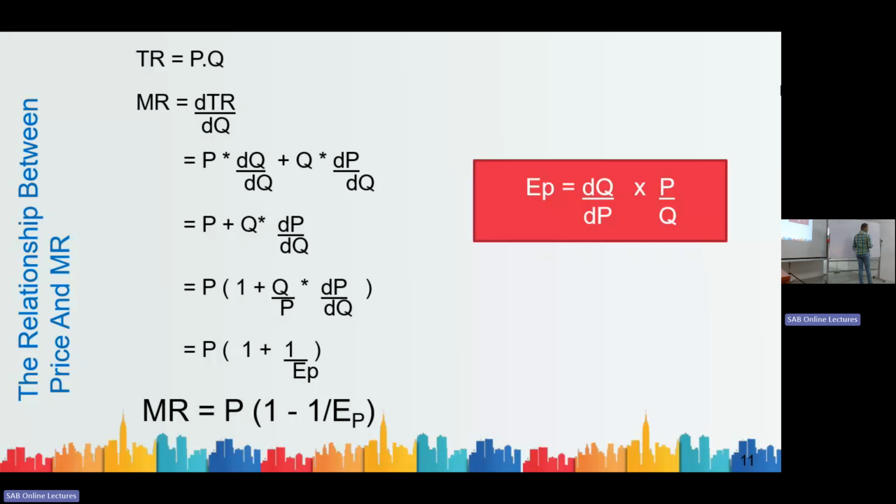But in practice, when we are writing the price elasticity of demand, usually we can ignore this negative sign and write it as an absolute number. Absolute value means without the sign.